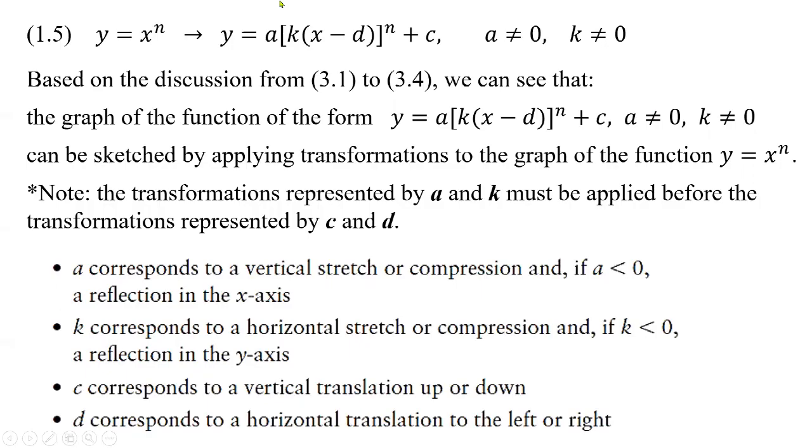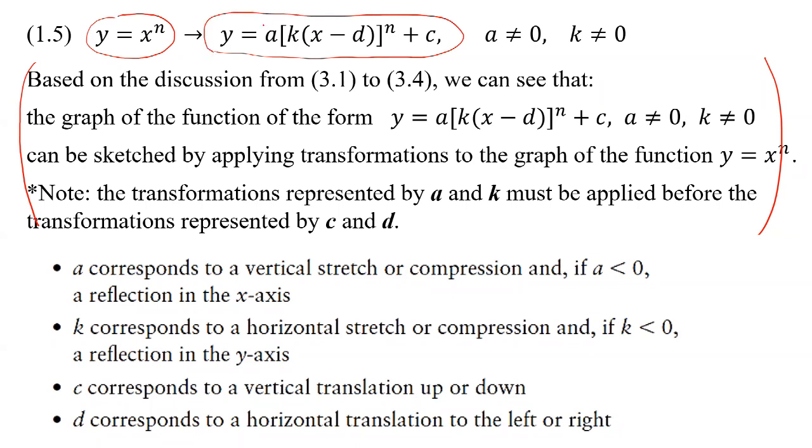Actually, we can combine all the translations we have learned in this statement. Suppose we have an original function y equals x to the nth, right? And the new function looks like this. There are 4 parameters, right?